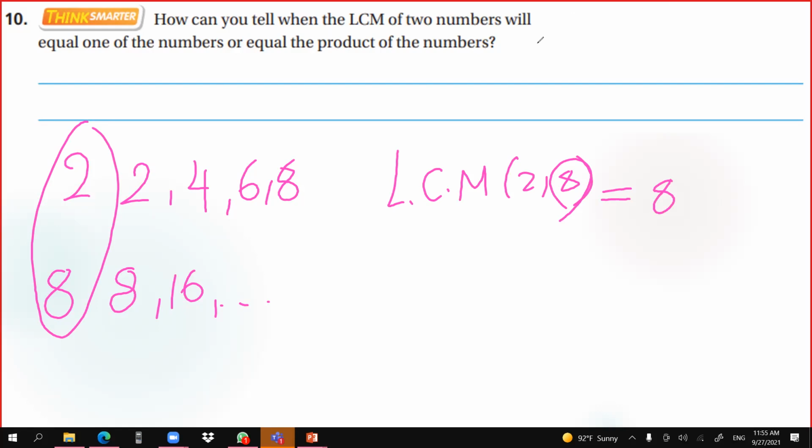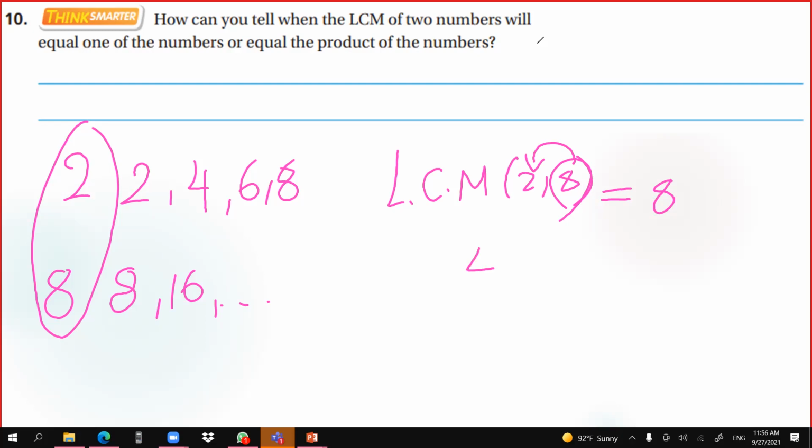So here let's talk about rules or formulas. I can say how to find the least common multiple mentally. If you have two numbers, you want to find the least common multiple of them, and one of them is a multiple of the second one, that means the least common multiple will be this number.